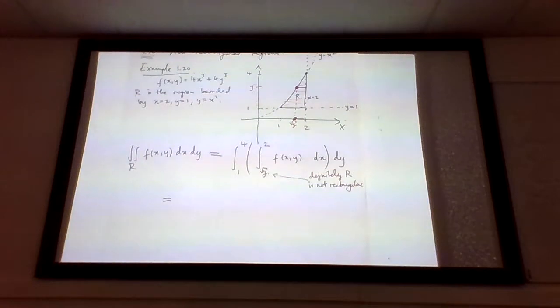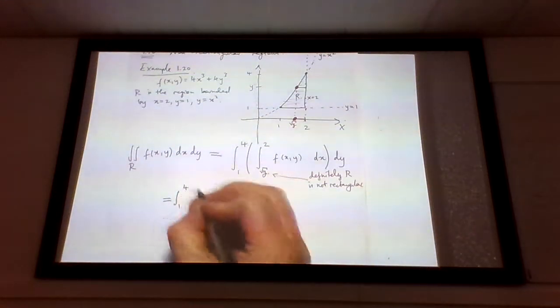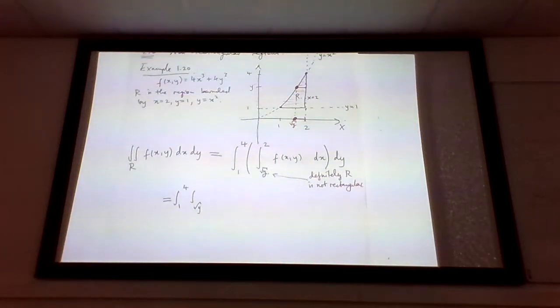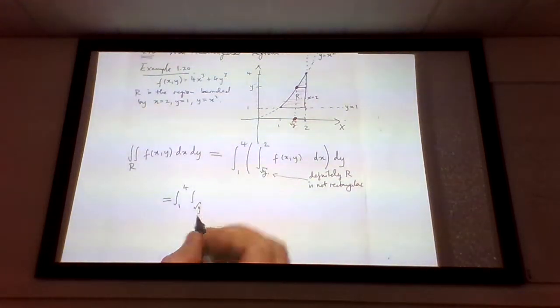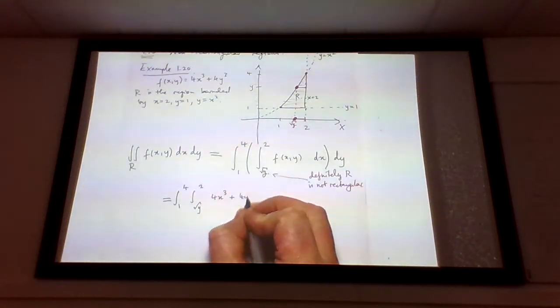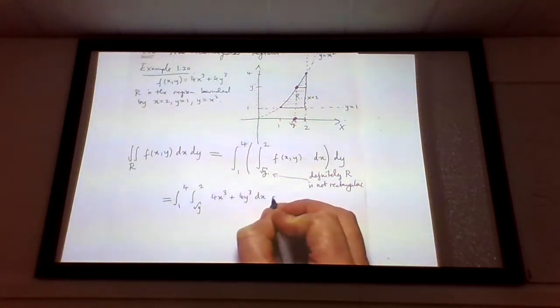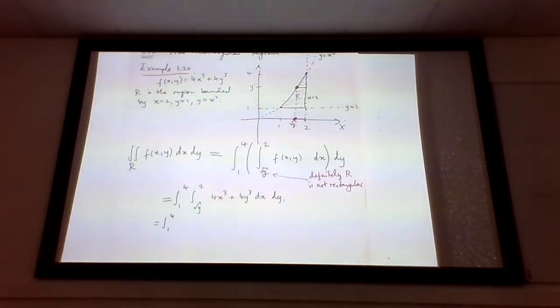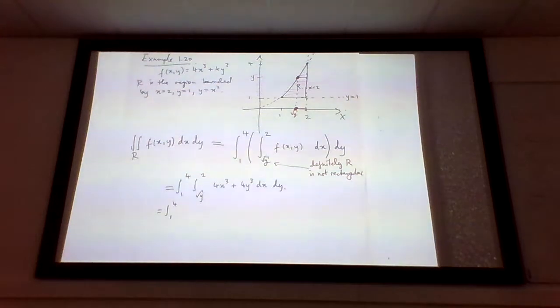So having decided on those limits, we can now perform the integral as normal, and we just run with the idea that the lower limit of the x integration is a function of y itself. Okay, so we leave the y integral as it is on the outside, and we perform the x integral.